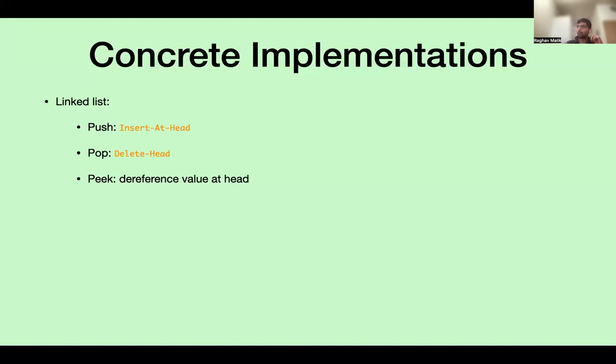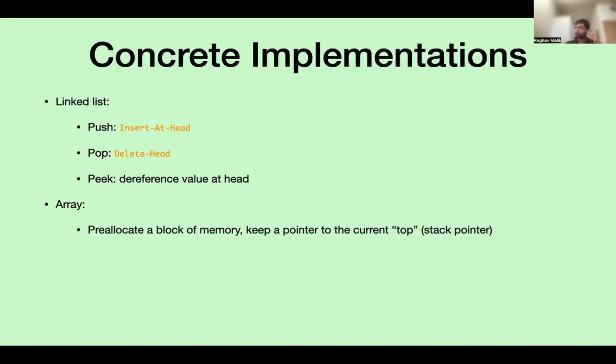Similarly, we can think of implementing stacks with arrays. Right, so for this, we pre-allocate a block of memory and we keep a pointer or an index to the current top of the stack. And this starts at just the beginning of the array. We'll call that the stack pointer. So I have an array, I initialize SP to 0, and then when I want to push, I write at array of SP whatever value I'm pushing, and then I increment SP so that the pointer of the stack moves up.